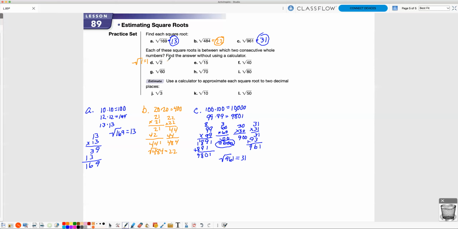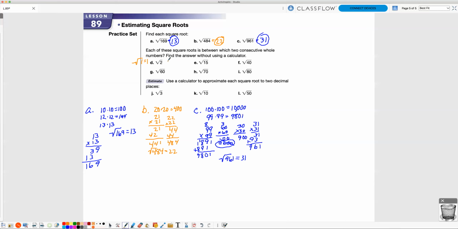The square root of 4, we know we can do perfect squares here. The square root of 4 would be 2. So we know that the square root of 2 has to be between the square root of 1 and the square root of 4. So it's going to be between 1 and 2.